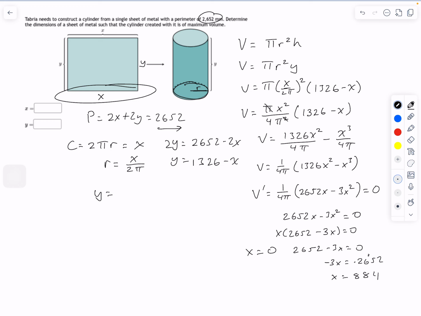So y is equal to 1326. We're going to subtract our 884 from our x value that we solved for. And that gives us 442. That's going to be millimeters.